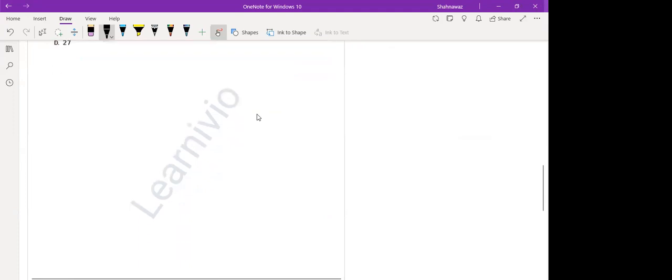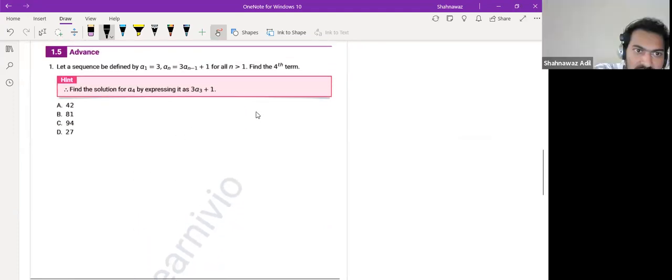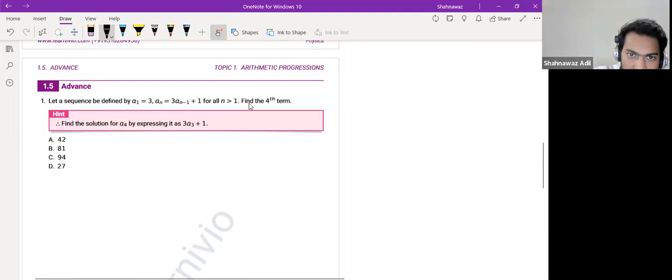Now, this question is find the fourth term. This question is a little bit tough, but the hint is given. It is like a continuous term. If we want to find A3, then we have to find A2.